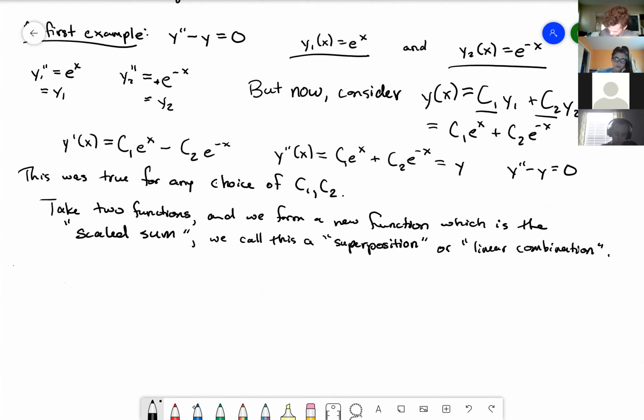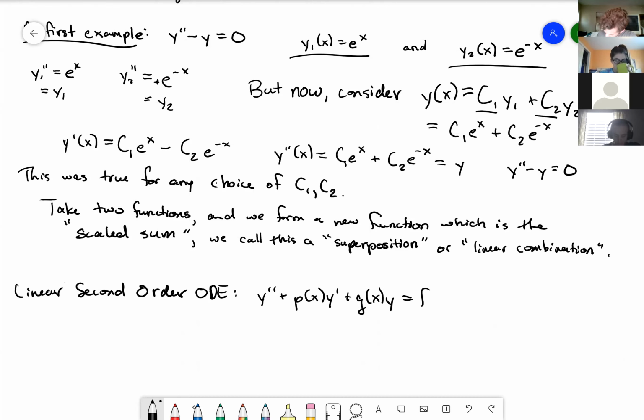Before I go any further, I want to say, what is the general linear second order ODE? So we've described it, but let's write it out in a formula. The linear second order ODE can be written as y double prime plus p of x y prime plus q of x y equals f of x.